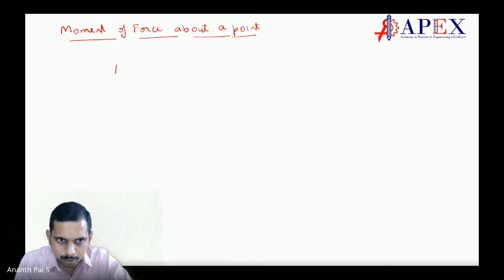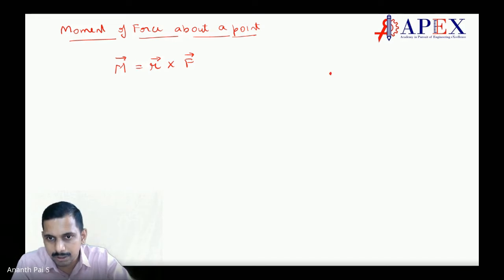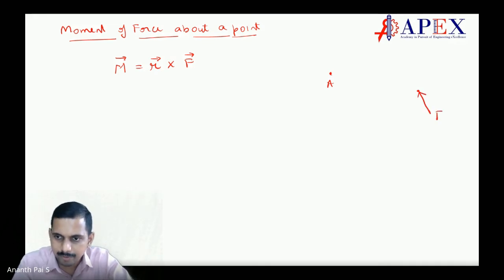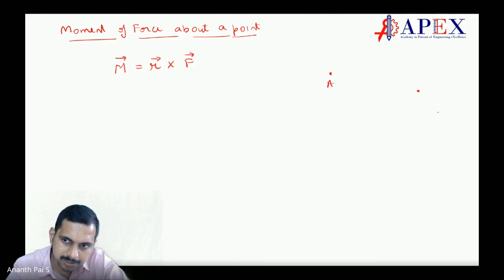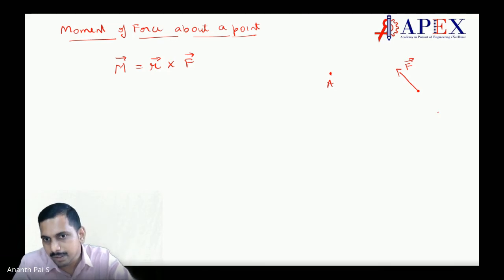Moment of force about a point is given as M, which is a vector, given as r crossed with F, nothing else. So if I have a point here, point A, and a force F acting somewhere here, at some angle, this is the F vector and this is the r vector.